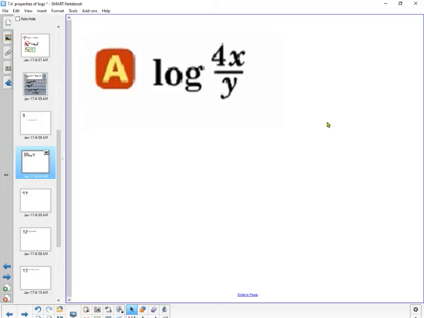Pause. Oh, I know what he's talking about. The first one. Like this. What happened to your base? Oh, there isn't one. Okay. That should not be a four.